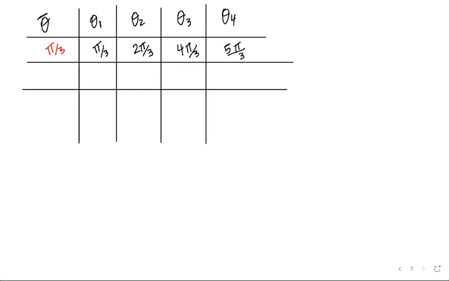For the second one, pi over 4. So for pi over 4, 3 pi over 4, 5 pi over 4, and also 7 pi over 4, all of these angles have the same reference angle as pi over 4.